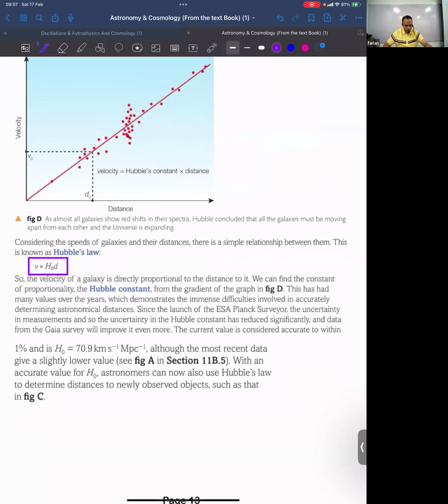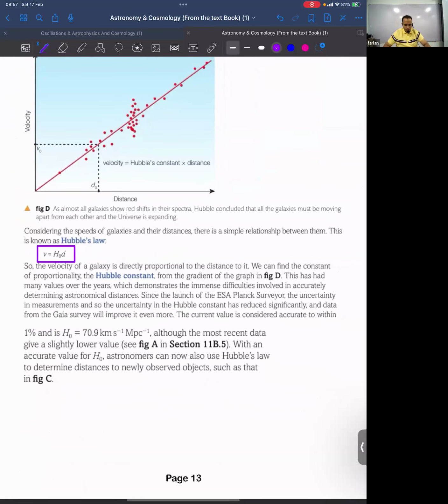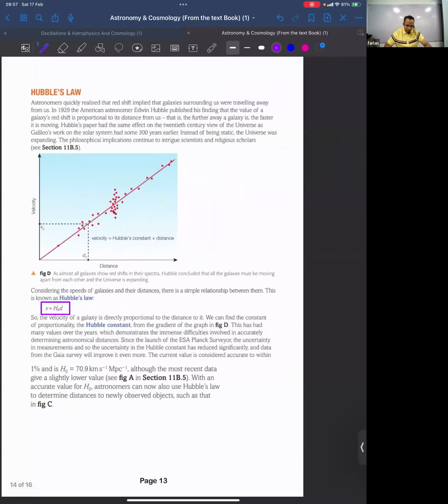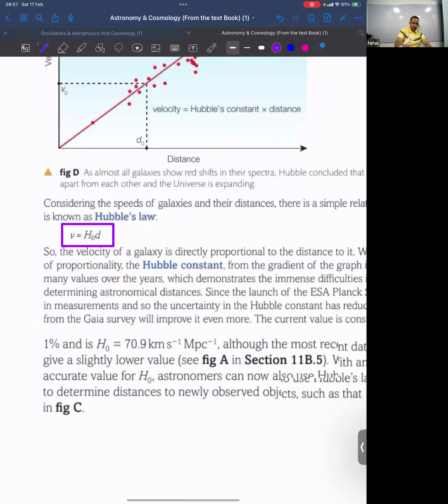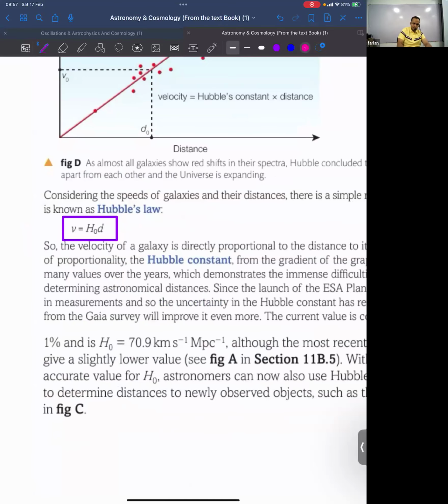There's a value of H naught. Now, this is the equation. You will see this. I will not speak about the constant for now. You will see that in a question.